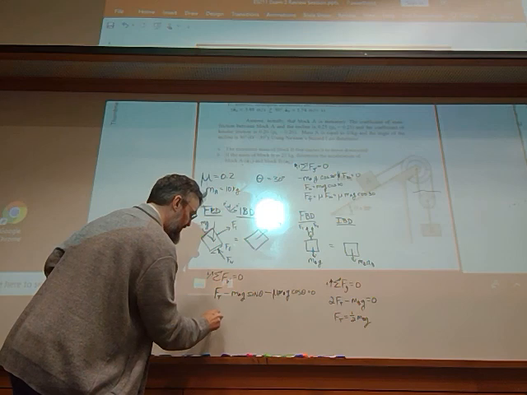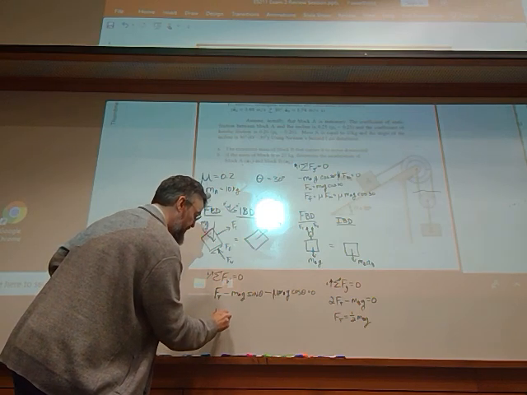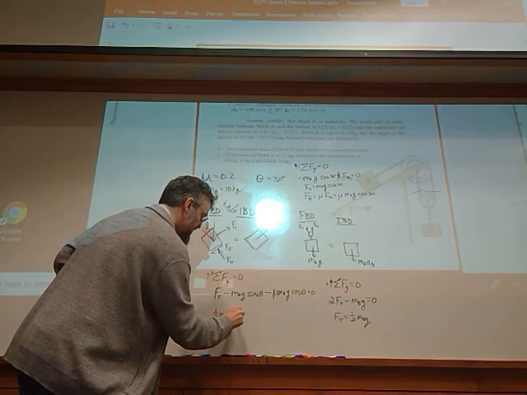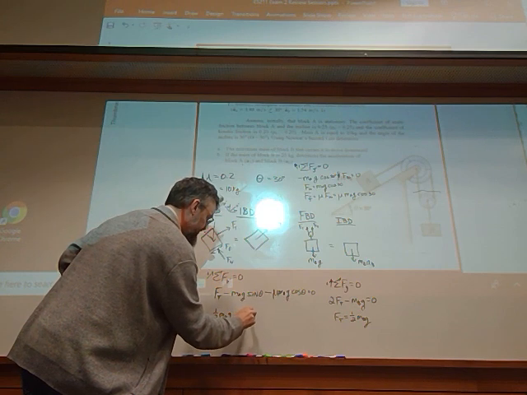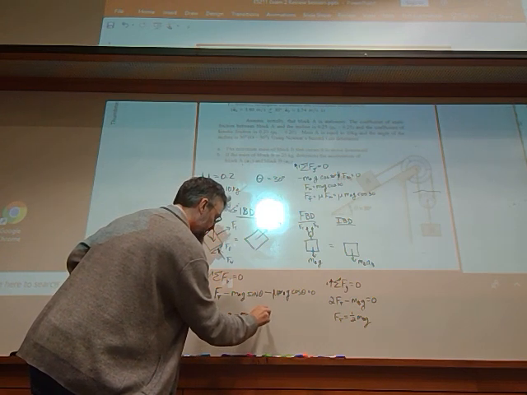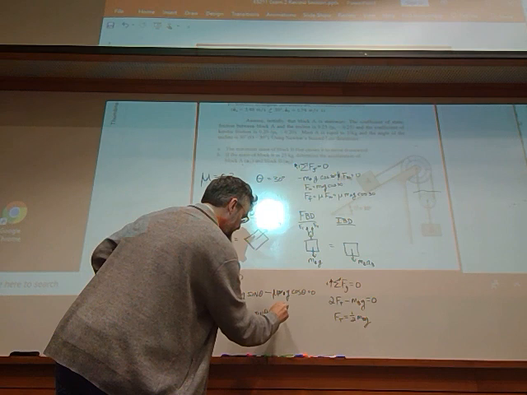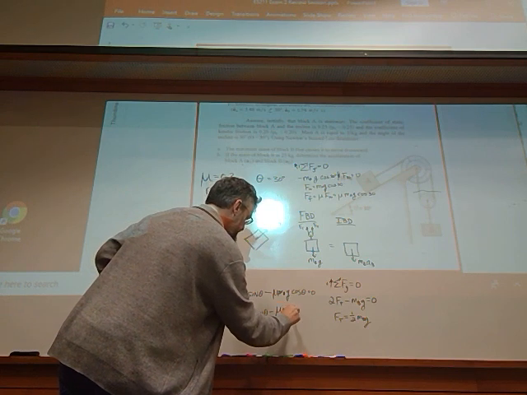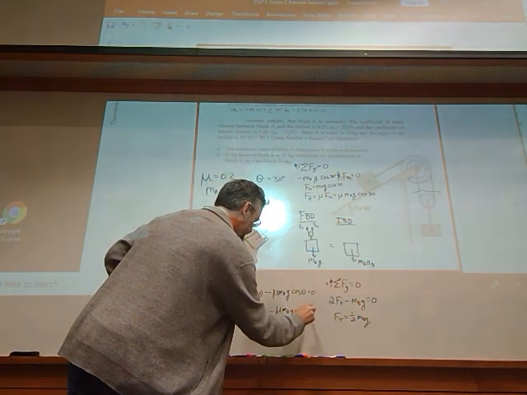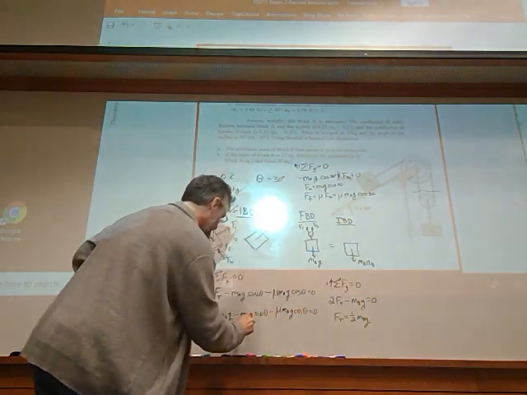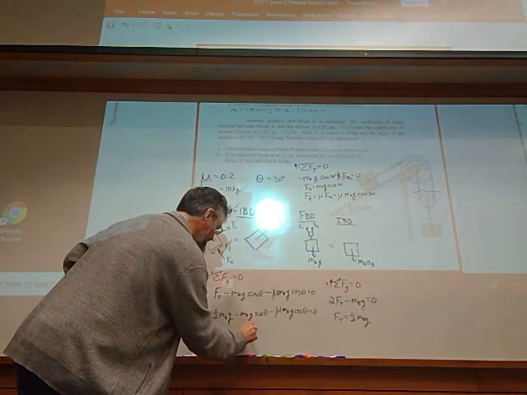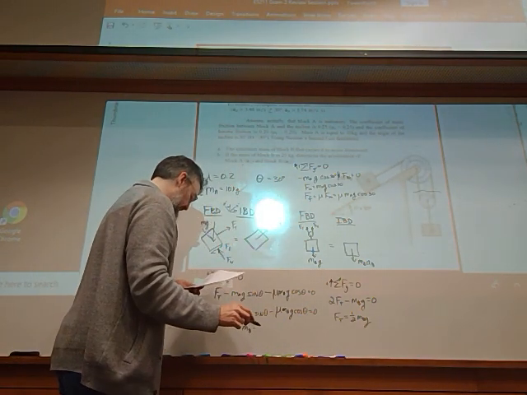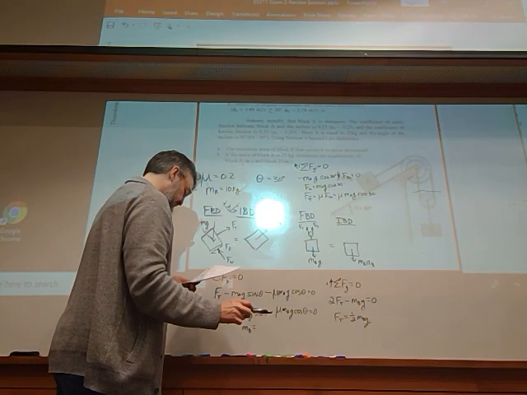So 1/2 MBG minus MAG sine of theta minus mu MAG cosine of theta all have to equal 0. And we plug some numbers in and we get what the mass of B has to be.